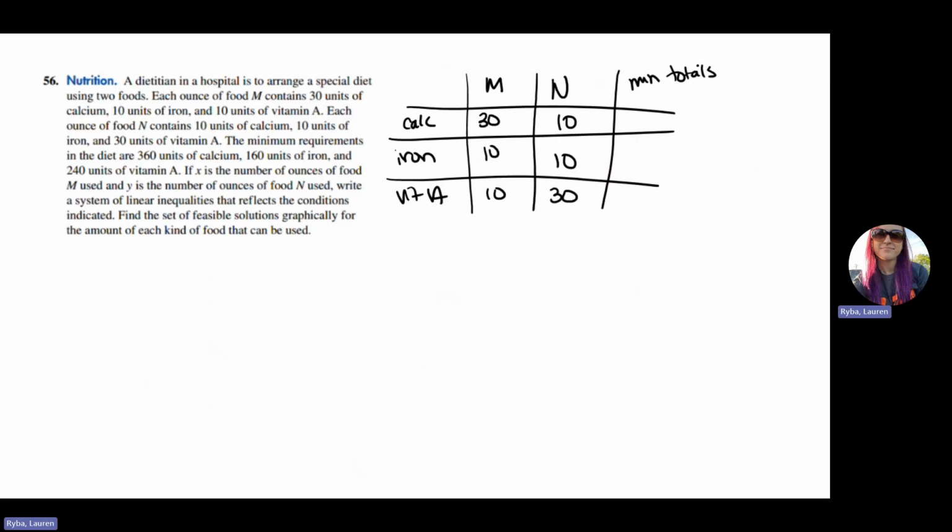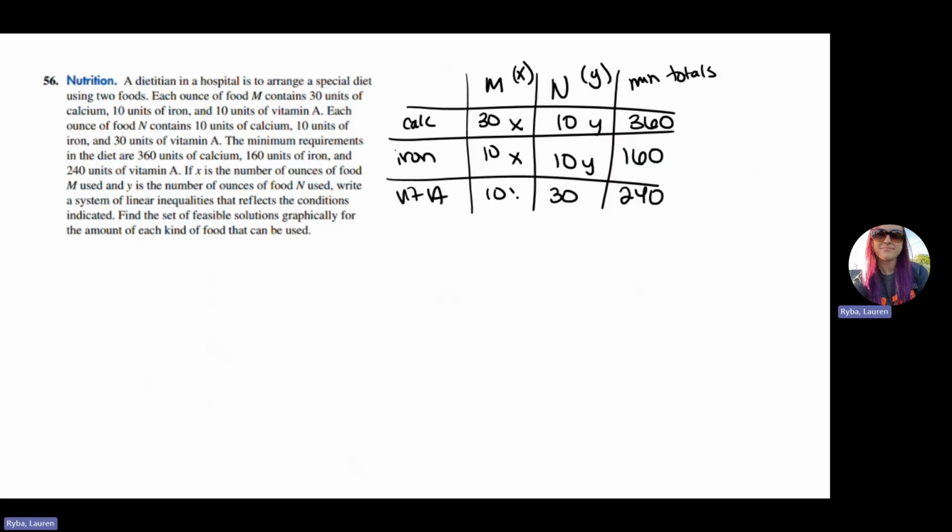So minimum means we're going to use the other symbol. 360 for calcium, 160 for iron, and 240 for vitamin A. If X is the number of ounces of food M, and Y is the number of ounces for food N, write our system of inequalities, and then we're going to solve it.